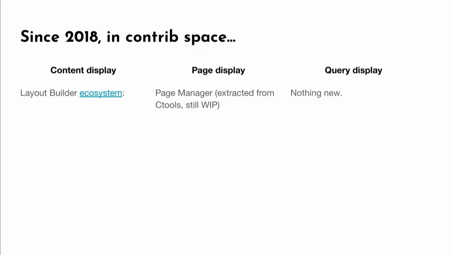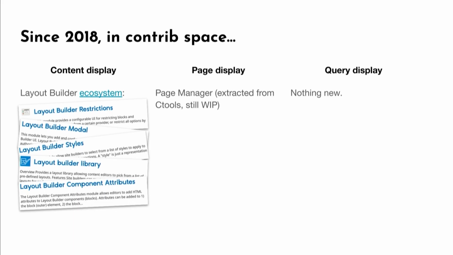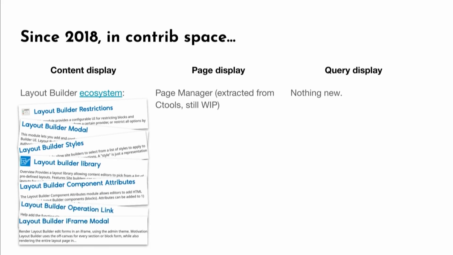This is the main explanation of this dark age, and the contrib space tried to provide, but it was a mess. Layout Builder got an ecosystem. Great, we need an ecosystem. We need to extend it. But it was a big, big, big ecosystem.